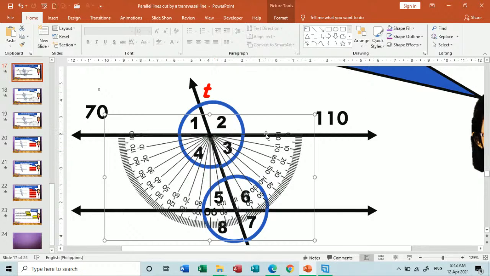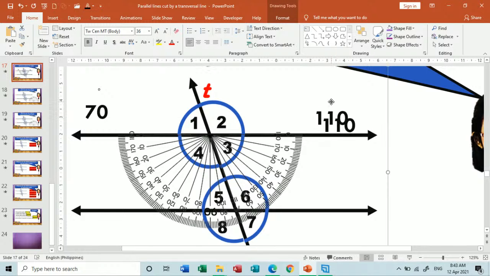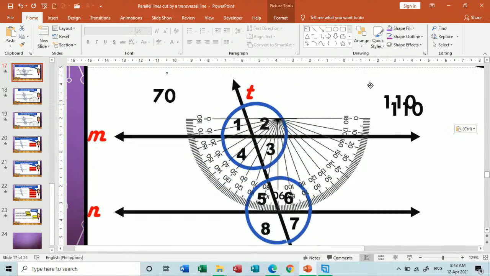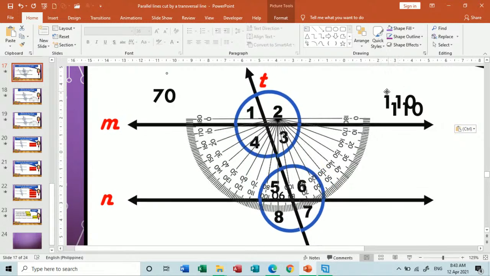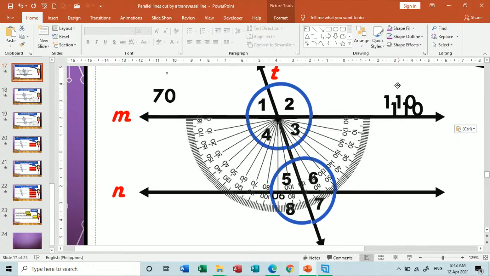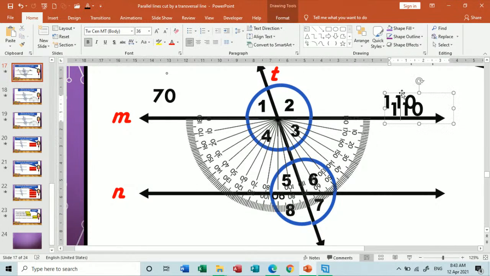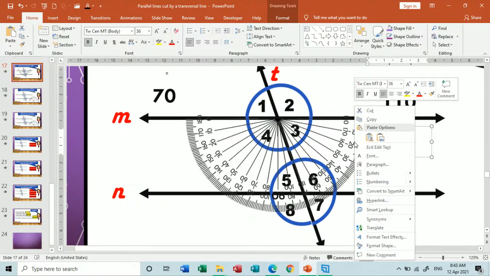What is the measure of angle 3? Ayan, nasa ibaba ito. Angle 3. Why is it moving? Okay, that is correct. The measurement of it is 70 degrees.